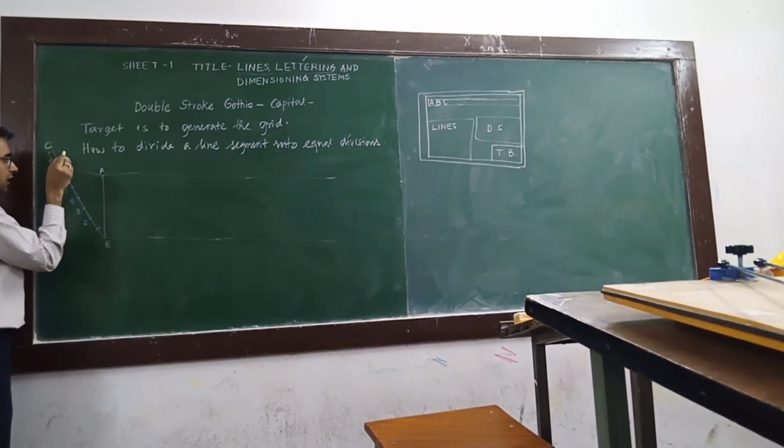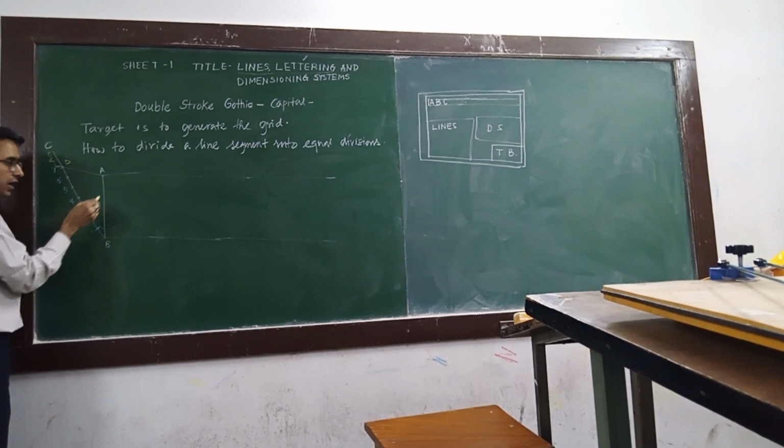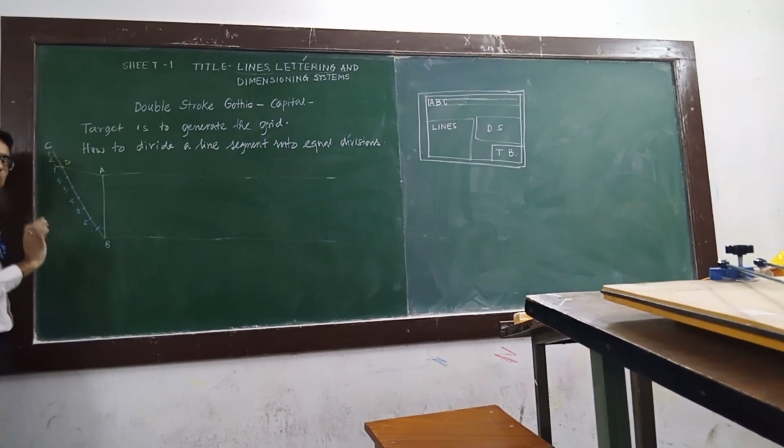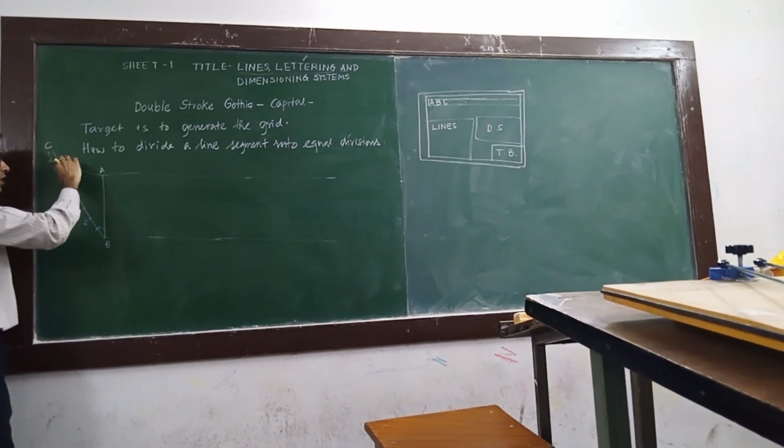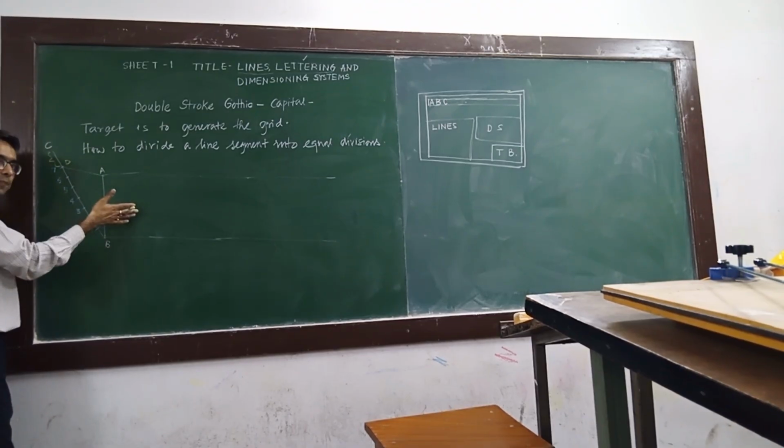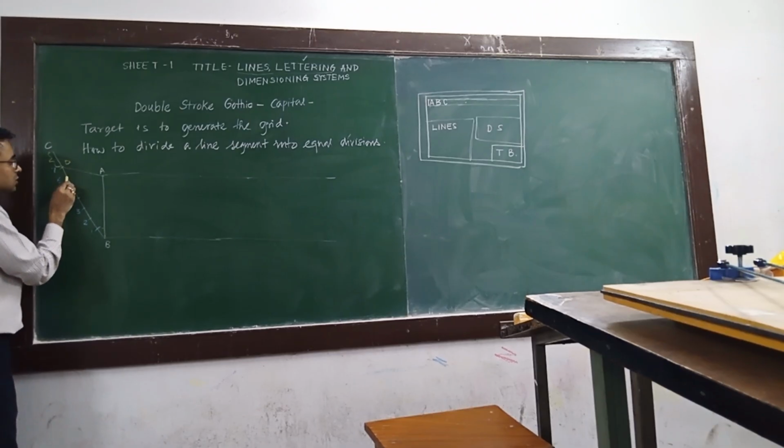I will draw a line parallel to this line through these points. Wherever they intersect, they will be the corresponding points here. Is the philosophy clear? That means I will project or map these points onto this line. Because of parallelism, whatever ratio they have will be mapped here directly. Clear?